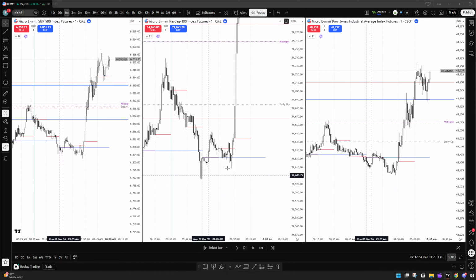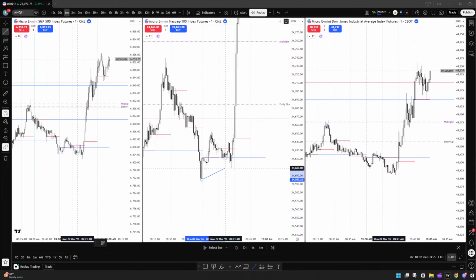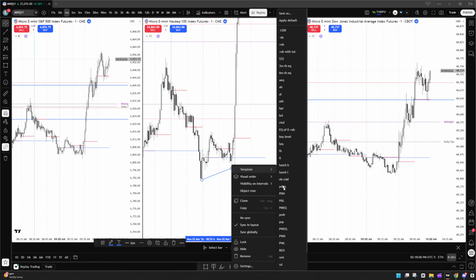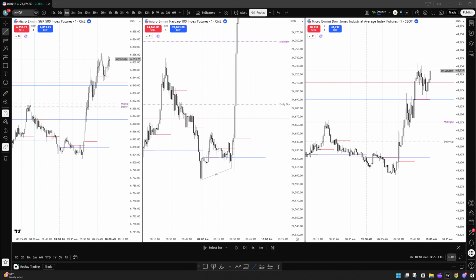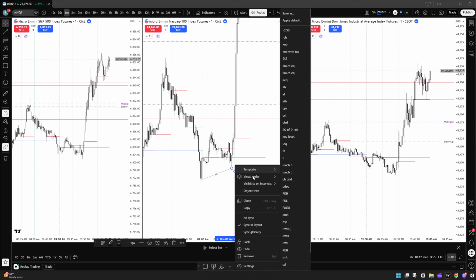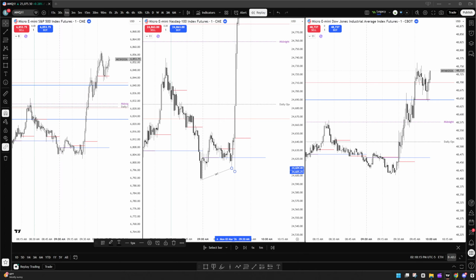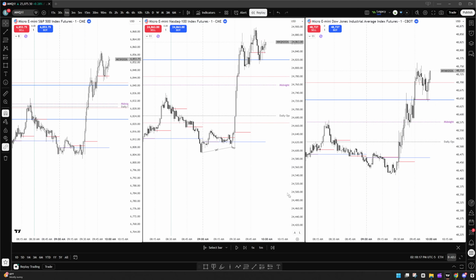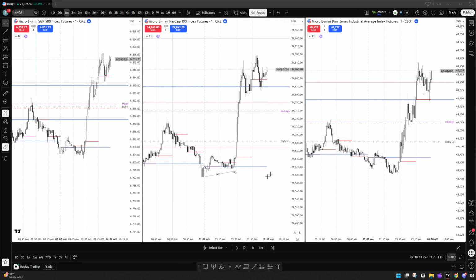But we had SMT here at 9:15, which created SMT with this low with YM. And then 9:30 created SMT here.